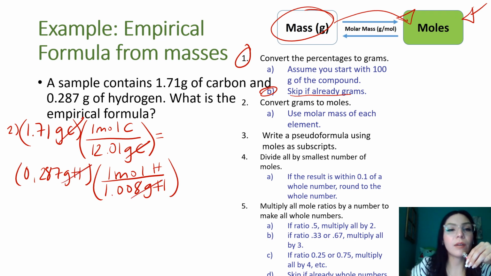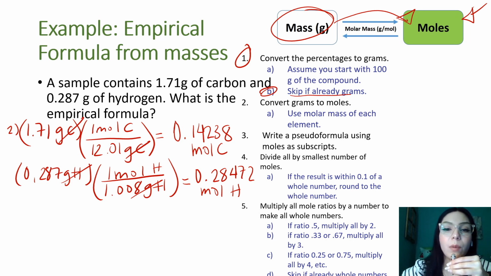We'll cancel out the grams and then calculate the moles. I went ahead and calculated those out. I got 0.14238 mole carbon and 0.28472 mole hydrogen. Don't worry about sig figs right now, it depends. This problem doesn't ask for a value at the end, it asks for a formula. So you'll see the answer that we get at the end.